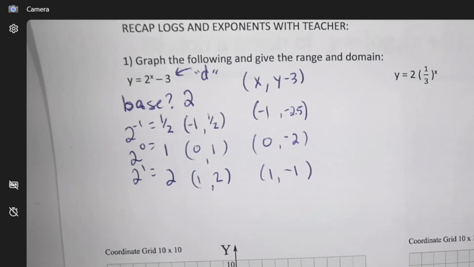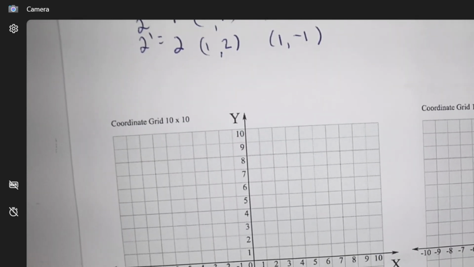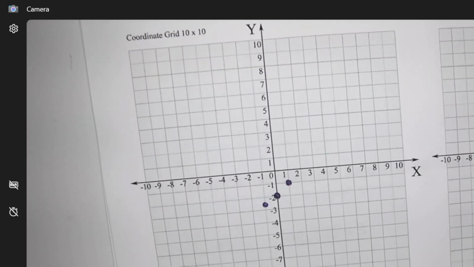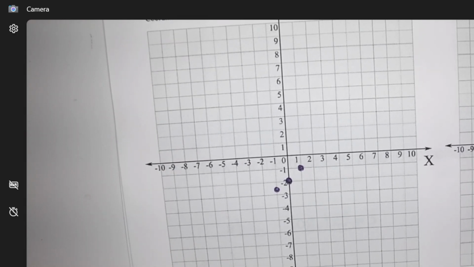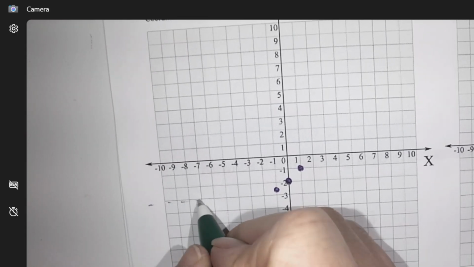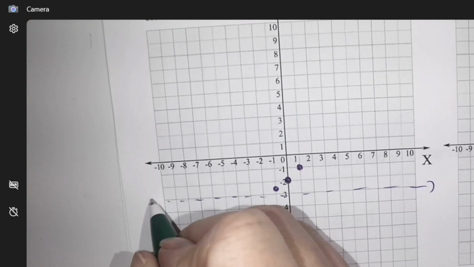How do exponential patterns look? Do they have an asymptote somewhere? What kind of asymptote should they have? Horizontal. Where is it going to be located then? Negative 3.